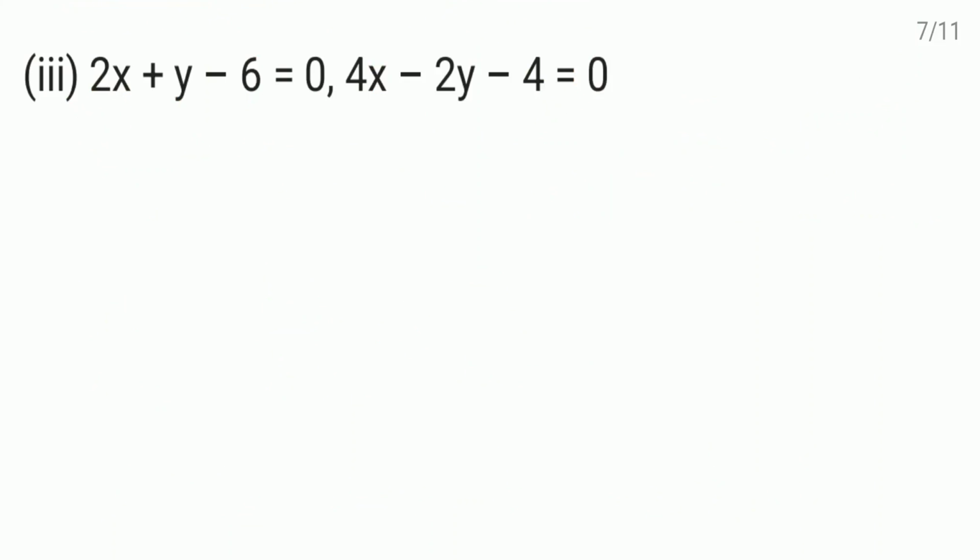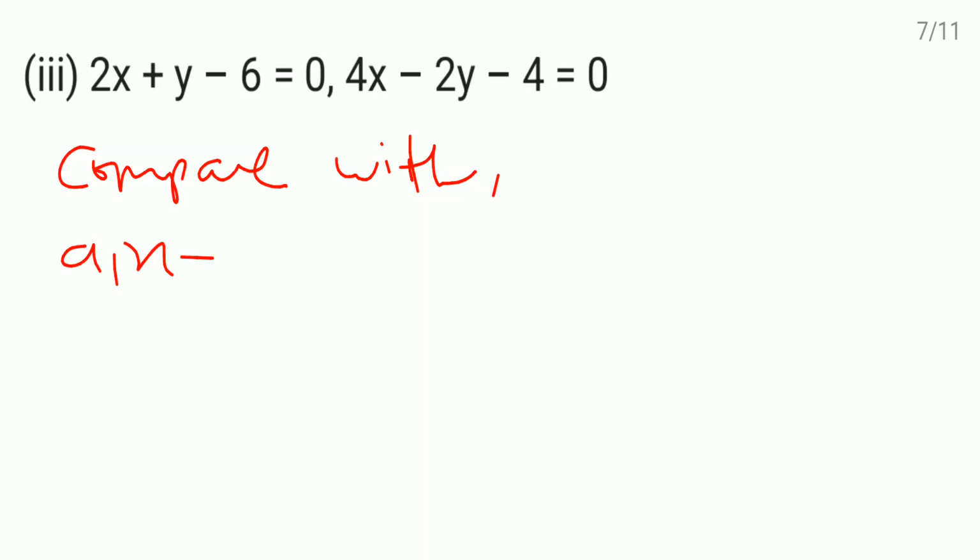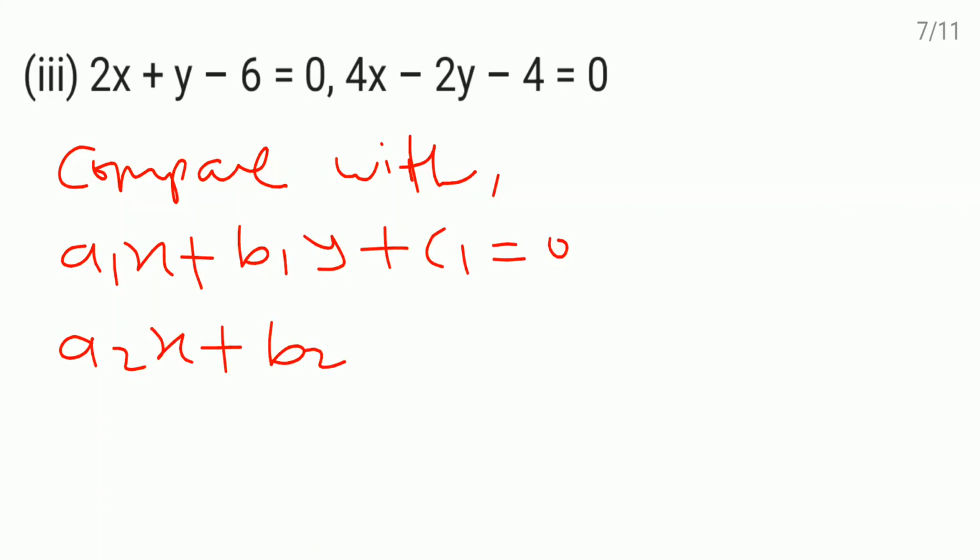Look at the third one here. Once again, first we'll see whether they are consistent or inconsistent. So what we need to do? We need to compare with a1x plus b1y plus c1 equal to 0, a2x plus b2y plus c2 equal to 0.